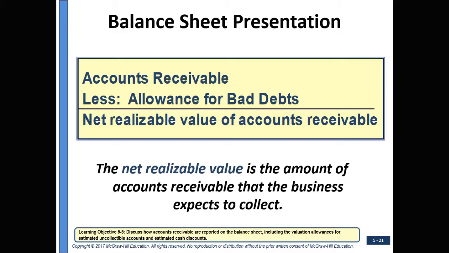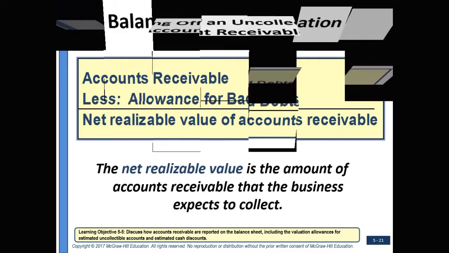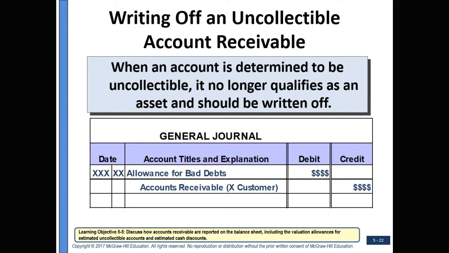So, in all reality, how much are we going to collect? Now, the reality is we're not exactly sure when, where, what, and so forth. We don't know what customer or for what exact amount is going to default on an accounts receivable.